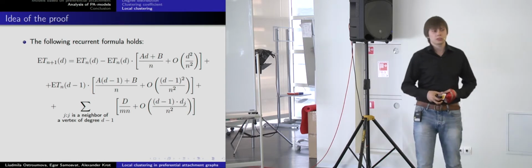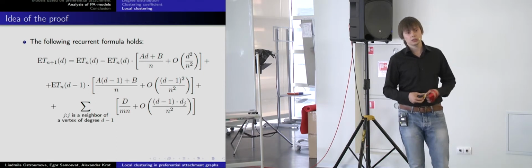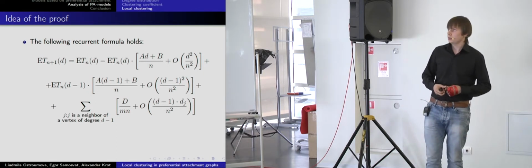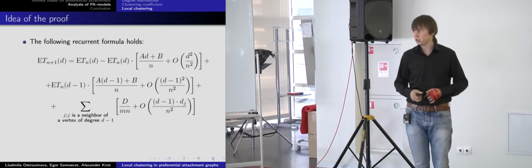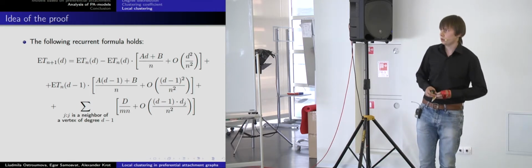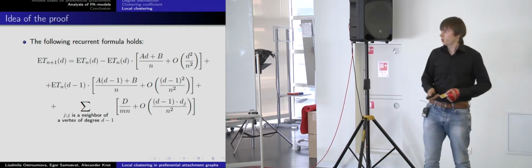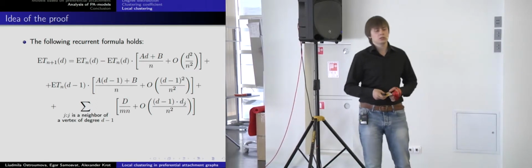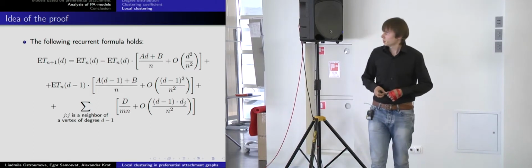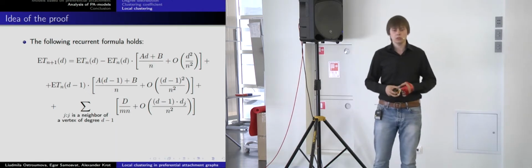And of course, we can also add new triangles to the graph. It happens when we add an edge to the vertex of degree d minus 1 and to its neighbor. And so we have the last term. And also we have a lot of small terms. I don't show them to you because they are very small.